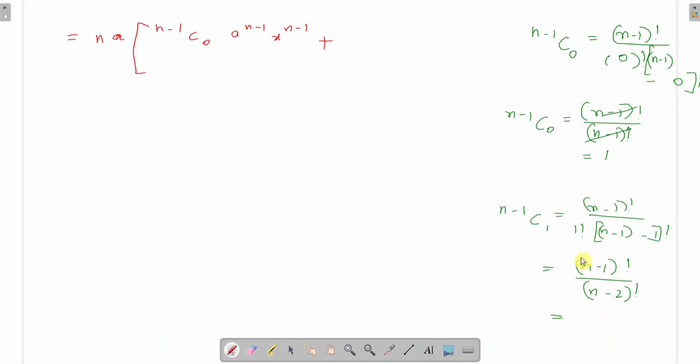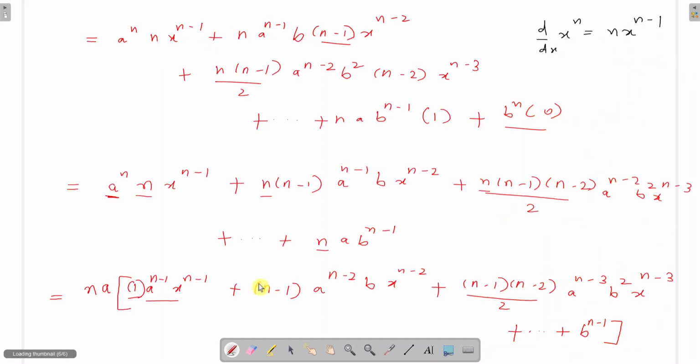Now suppose we use the formula in the combination chapter here. So n minus 1 factorial we can write as n minus 1 times n minus 2 factorial divided by n minus 2 factorial. So if you cancel n minus 2 factorial from numerator and denominator, we will get n minus 1. Okay.